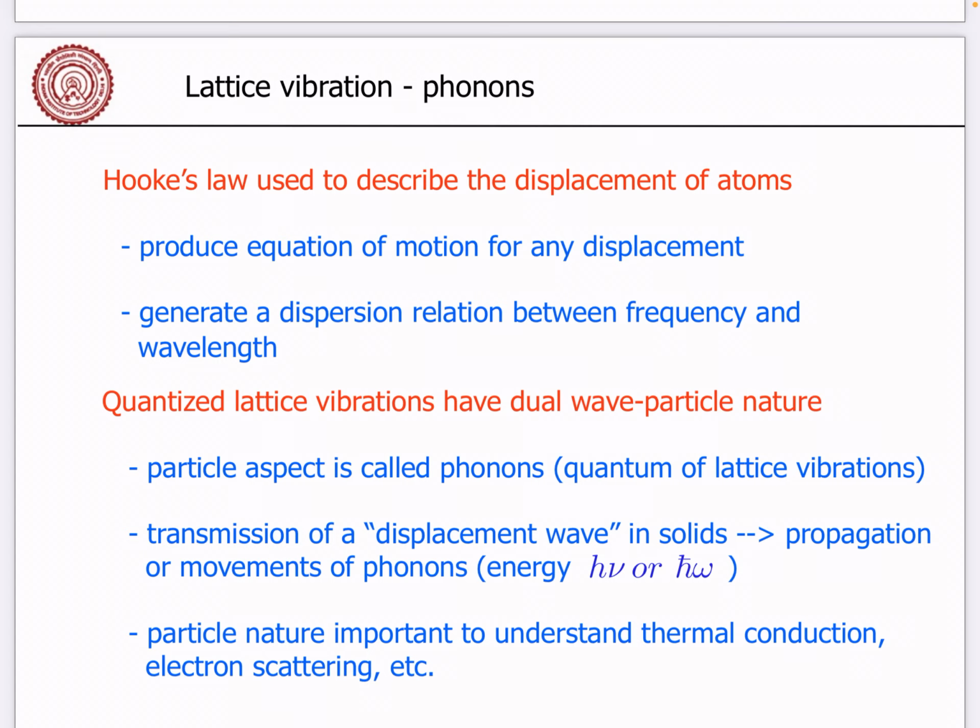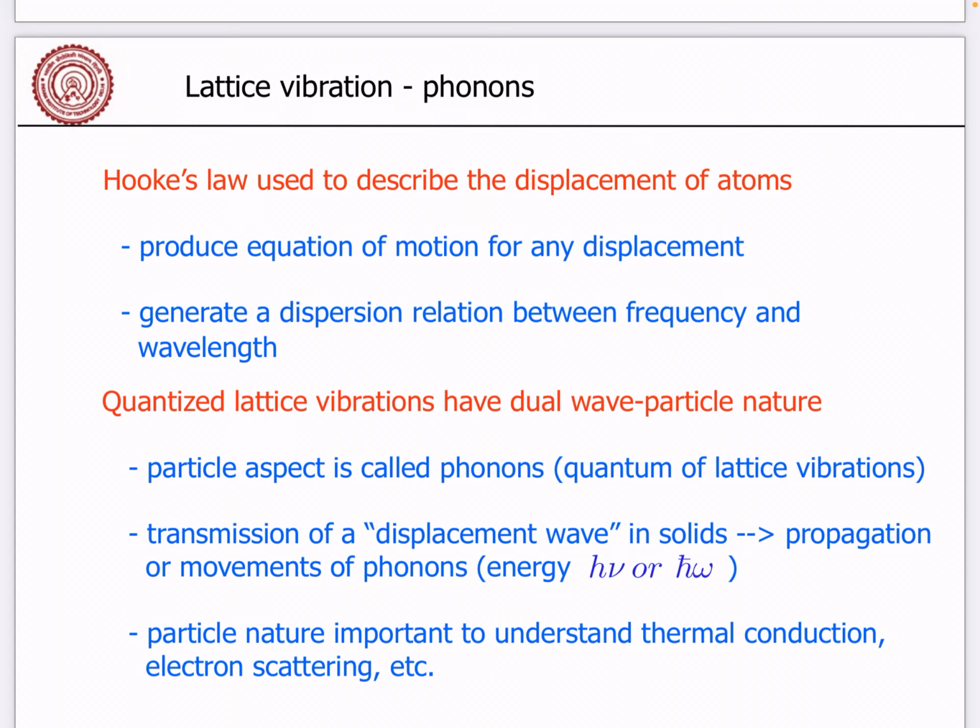So what we consider here, as I said, is that the atoms vibrate with a very small amplitude, and therefore we consider harmonic oscillations in this case. And then Hooke's law can be used to describe the displacement of the atoms from their mean position, their equilibrium position, right?